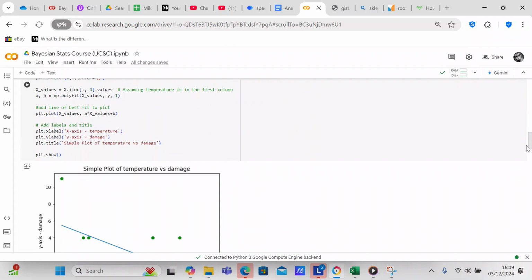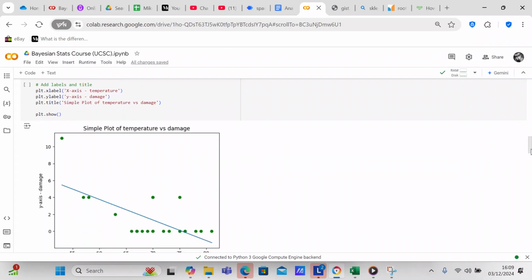Then we're going to add the line of best fit to the plot, plt.plot X values, A times X values plus B. That's the formula for linear regression. And then we're going to plot the labels: the x-axis is temperature, the y-axis is damage, and the title is the plot of temperature versus damage.